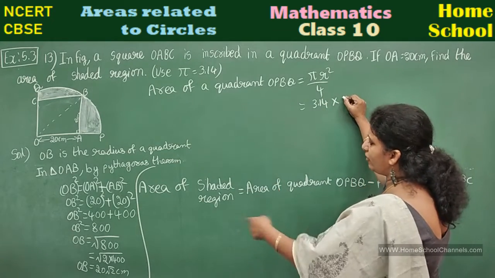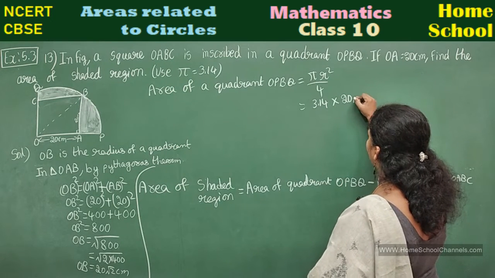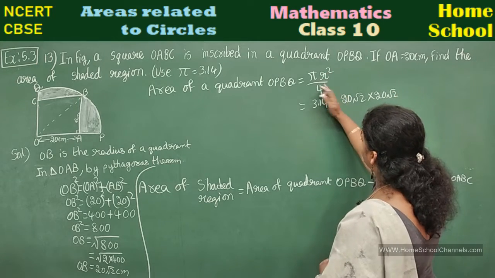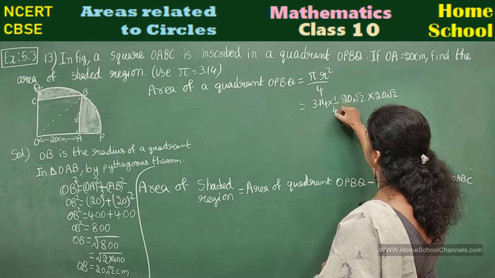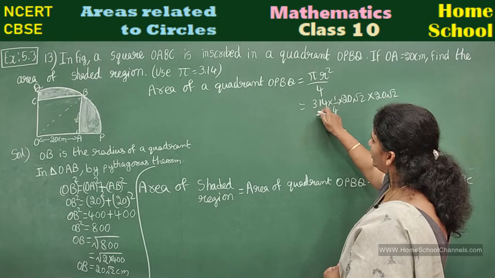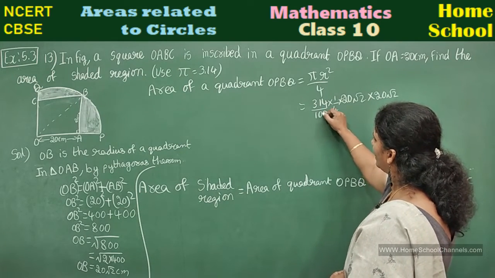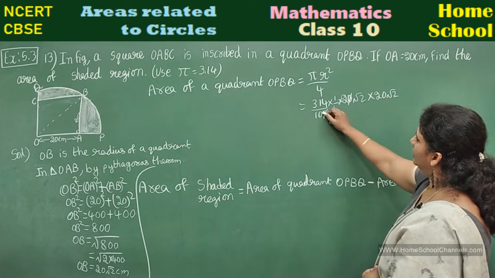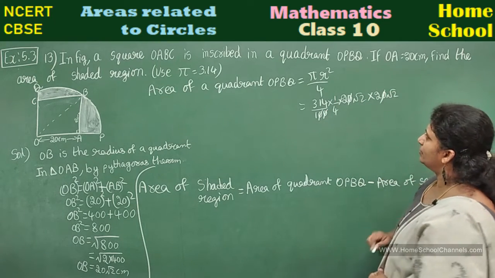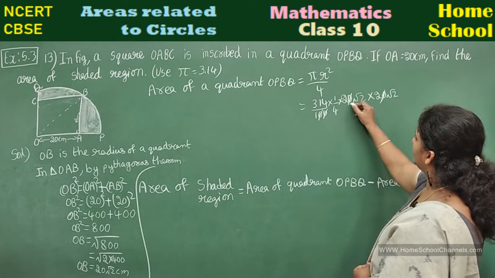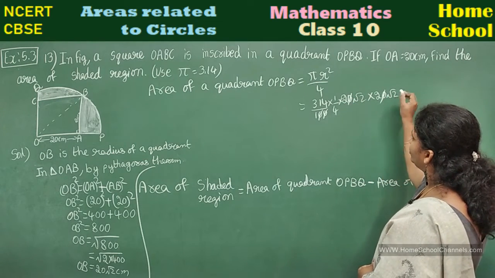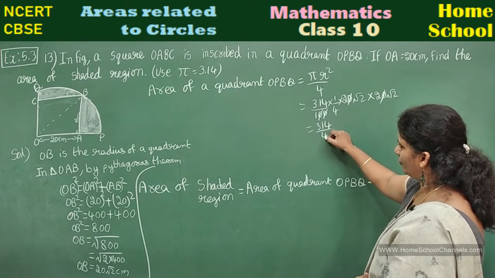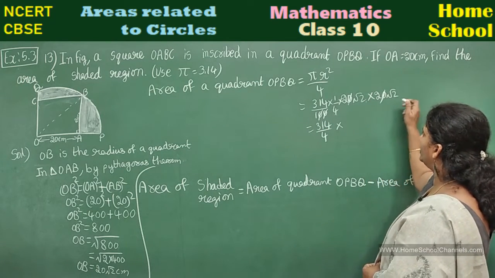What is the radius we got there? 20 root 2 into 20 root 2 into 1 by 4. You can write it here, and remove the decimal point and divide by 100. So observe carefully, 10, 10, another 0, another 0, and this will be 2 root 2 into 2 root 2. 314 by 4 into 2 root 2 into 2 root 2.